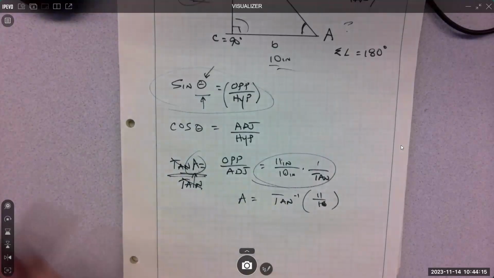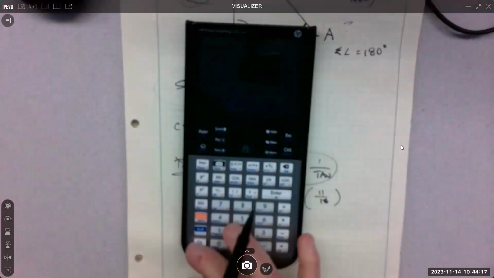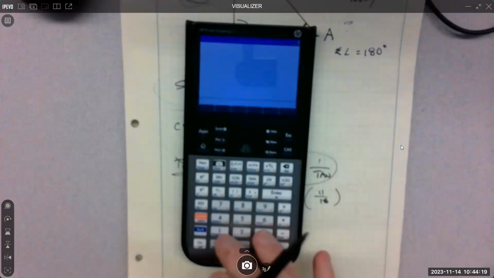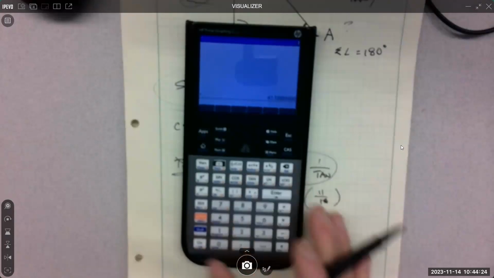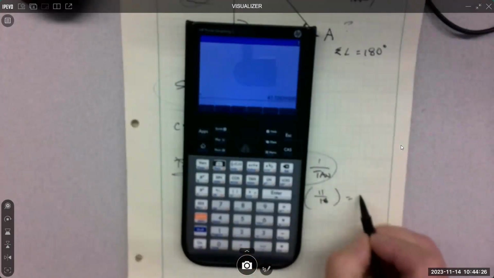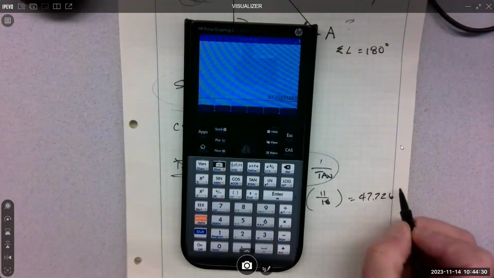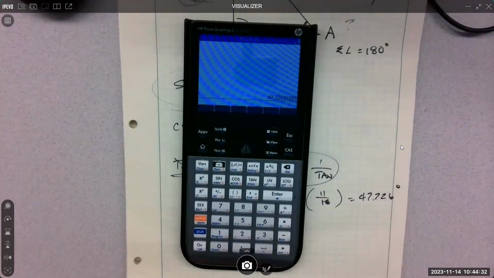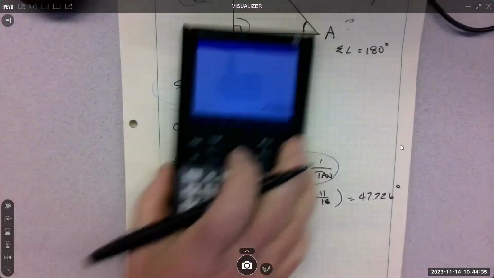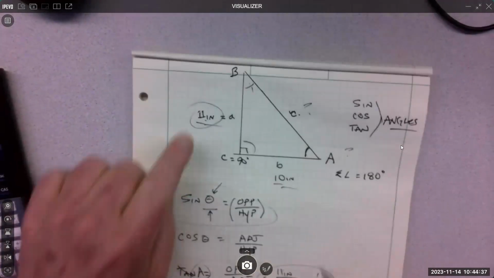So when I run this, arctangent of 11 over 10, I get 47.726 degrees. Good. Then of course, we want to think about it and say, does that make sense?